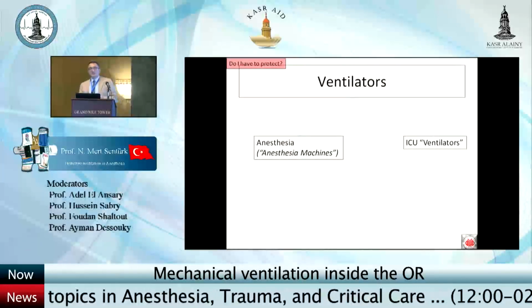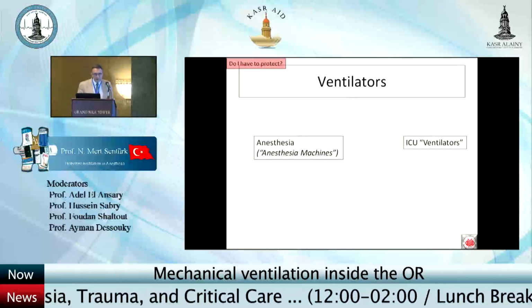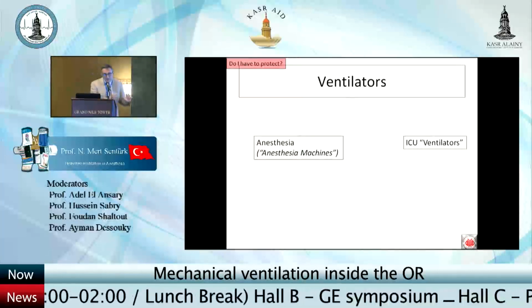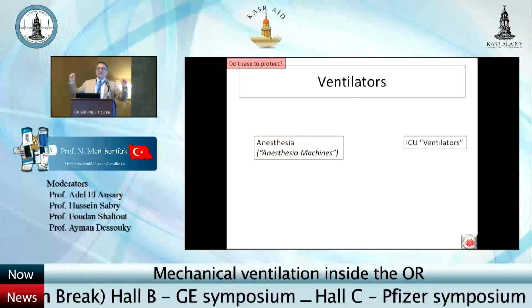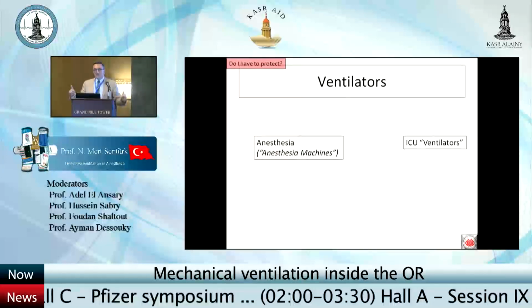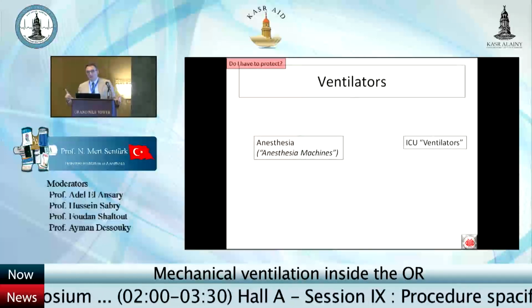What was the other mistake that we have had? Previously, we had two types of ventilators. In the ICU, we had real ventilators because the main aim of these devices in the ICU was mechanical ventilation.